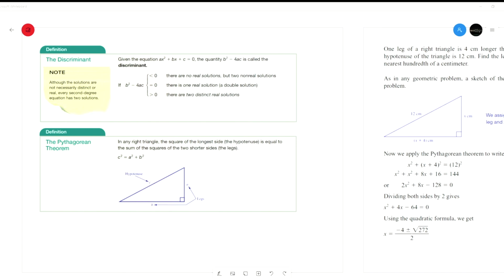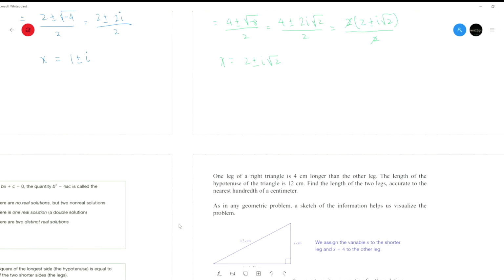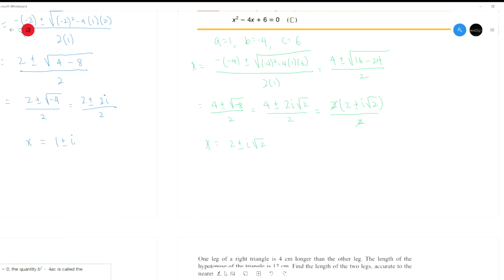Okay. The 2i confuses you? So radical negative 8 is equal to radical 4 times radical 2 times radical negative 1. Right?